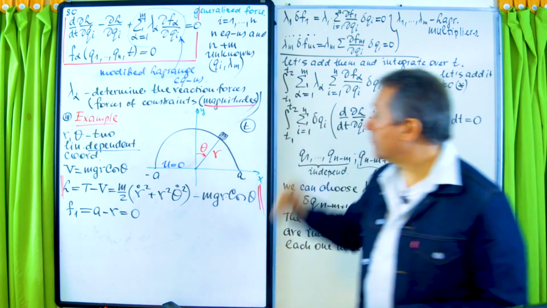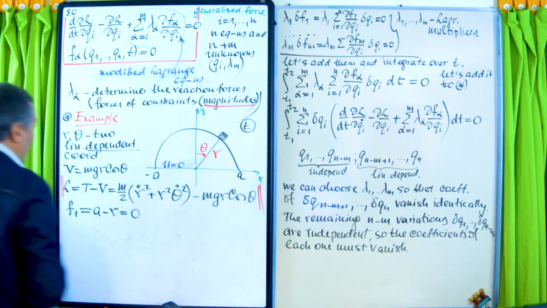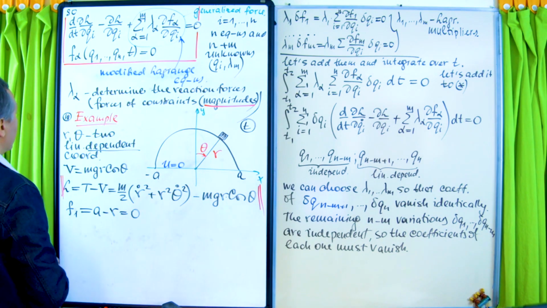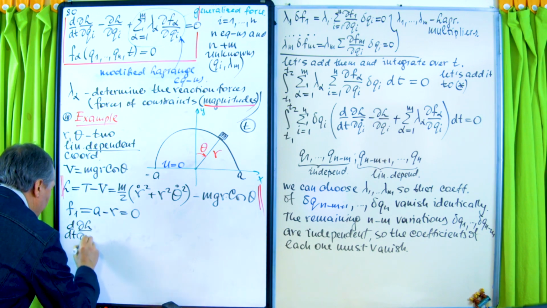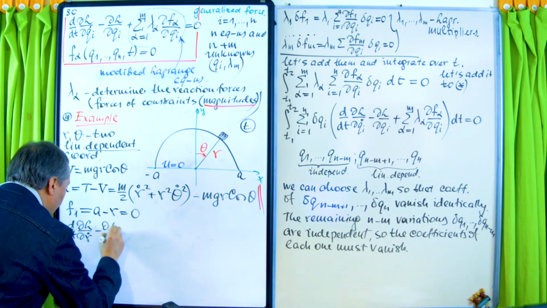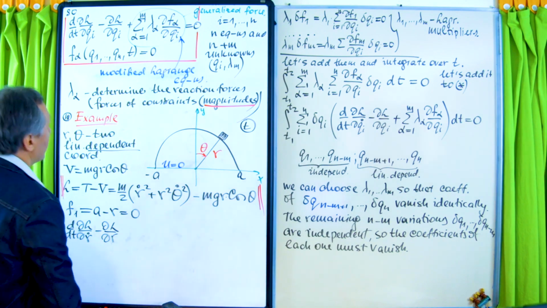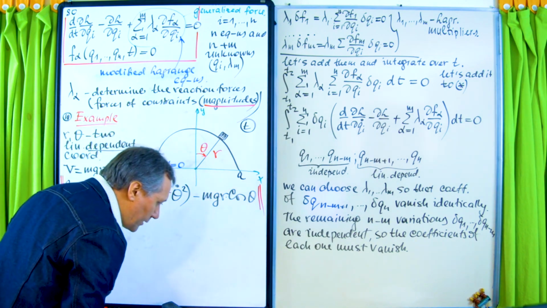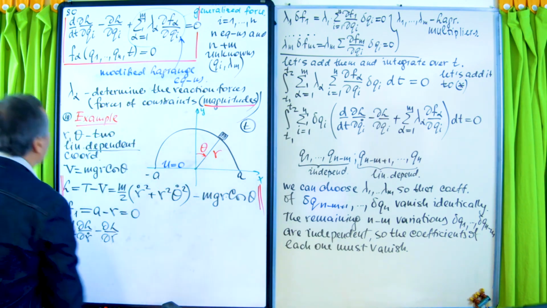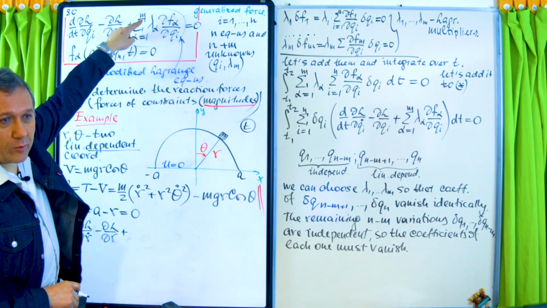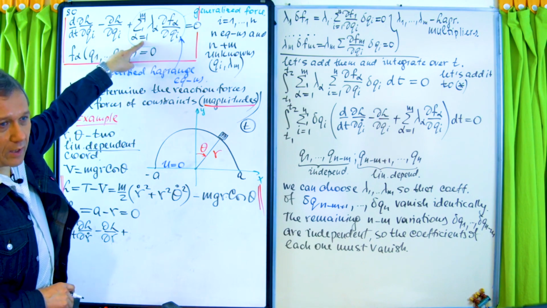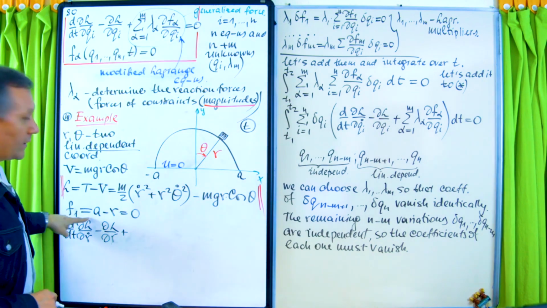Okay, so now the modified Lagrange equation. Probably I will start writing immediately in terms of r and theta. So d over dt of dL over d r dot minus dL over dr, and then plus, m equals 1, so the summation over alpha disappears because we have only one equation of constraint.